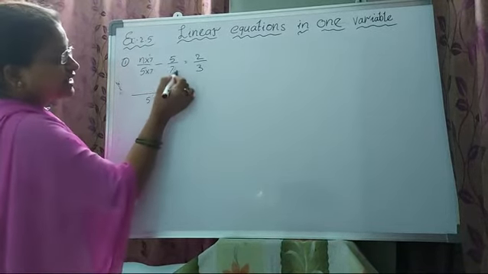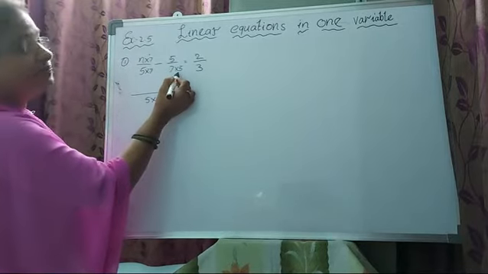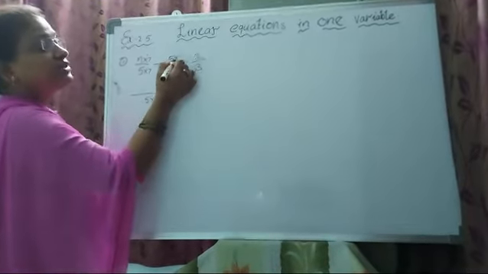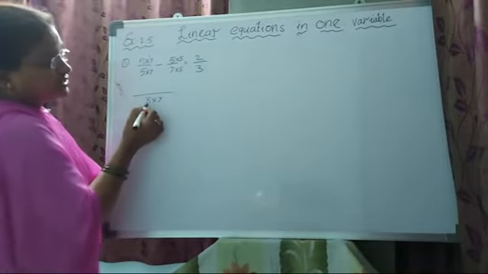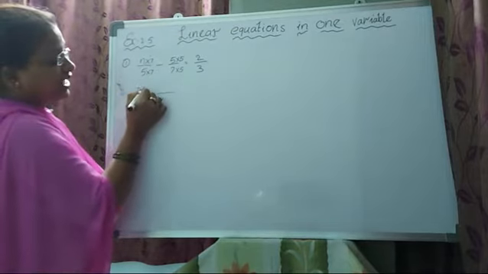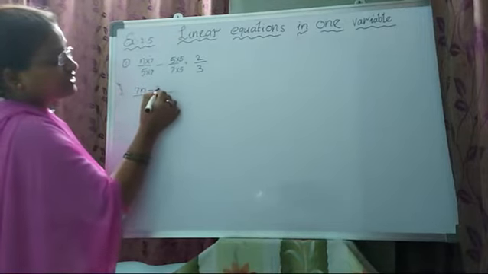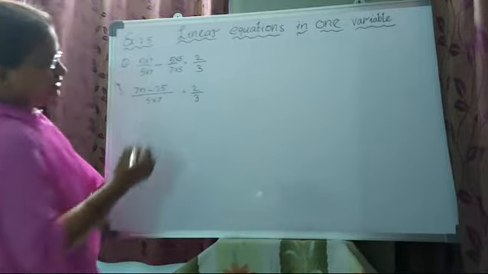Here, to make it 35, multiply with 5. If you multiply the denominator with 5, you multiply the numerator with 5. So, 5 sevens 35, 7 fives 35. 7 into 9, n, 7n minus 5 fives 25 is equal to 2 by 3.